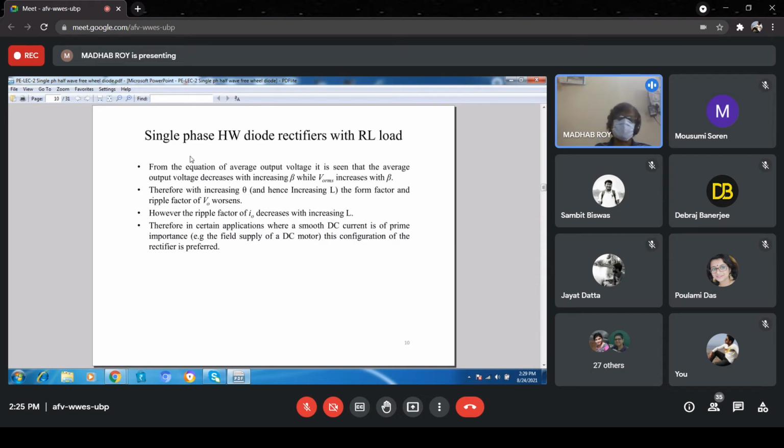The negative part also comes into the picture, where the inductance is giving back energy to the source. In that sense, the average value will be less. Earlier it was 0 to pi, but here the voltage is conducting from 0 to beta, and some part of that is also negative. Thereby the output voltage decreases with increasing beta, while the RMS also increases.